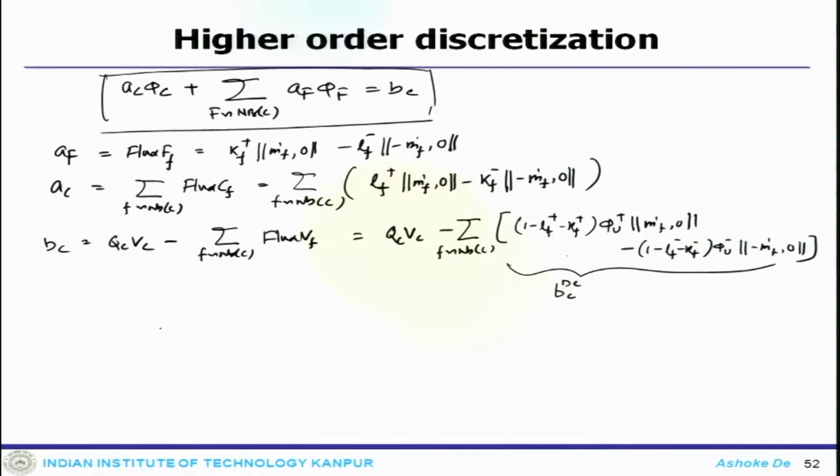Now, this one was initially developed for unstructured grid, and this formulation allows a fully implicit treatment of the HR scheme. But there is a small thing associated with it.